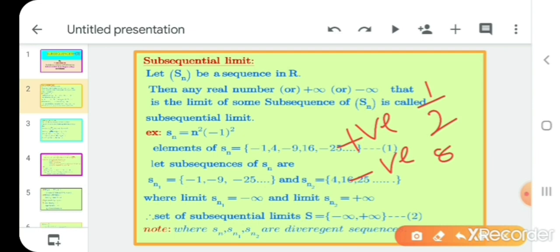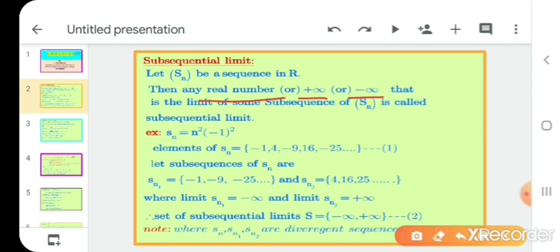Or we get only plus infinity or minus infinity. There are 3 possibilities: any real number, or plus infinity, or minus infinity.